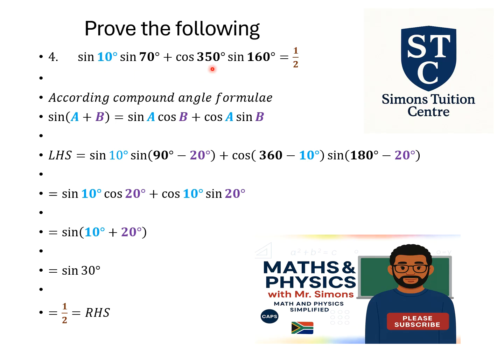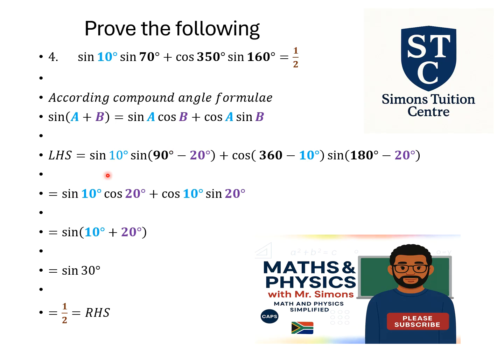So cos would then become 360 minus 10 degrees gives me 350, so they have introduced 10. And for 160, 180 minus 20, 20 degrees introduced there. Alright? So the key concept is I'm trying to get the same angles while creating sine cos, cos sine.